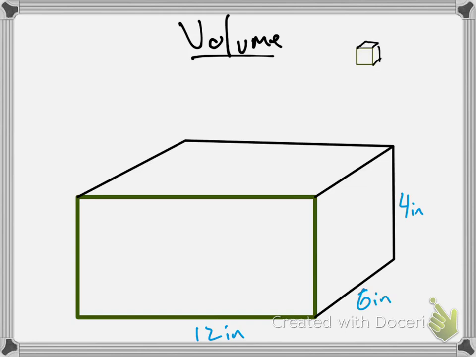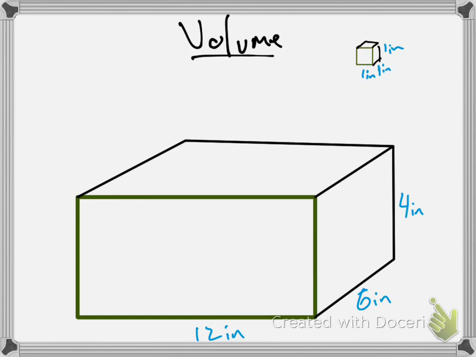So I've created a 1 inch by 1 inch by 1 inch unit cube. In this case, our units are going to be inches to the third power, or inches cubed. And again, you're making some tie-ins to things that we did with area. When we had area, we had units squared because there were 2 dimensions. Now we have 3 dimensions, so it's units cubed, or to the third power.